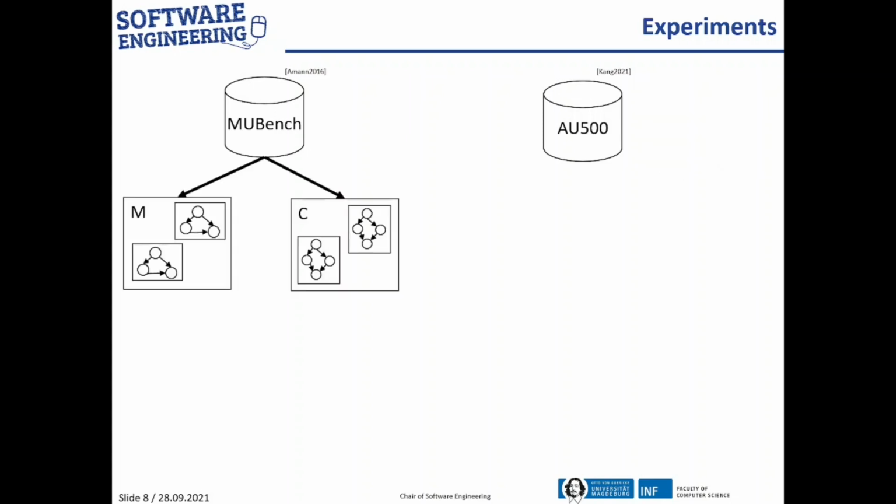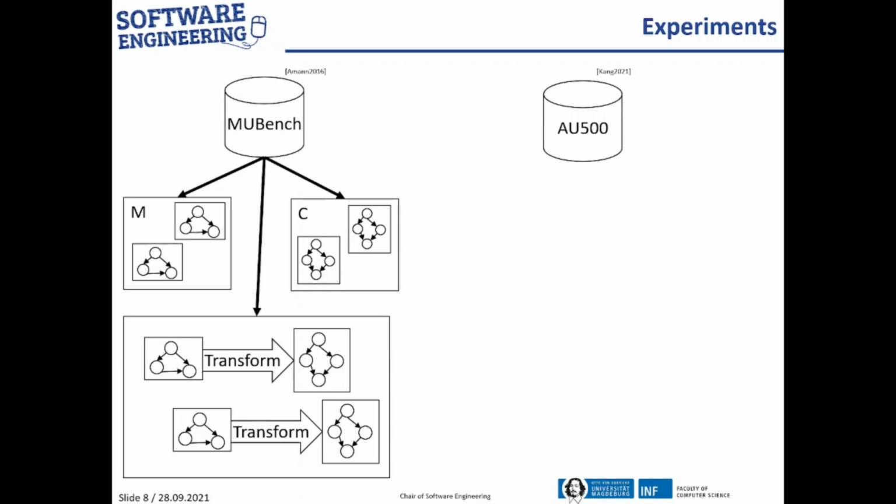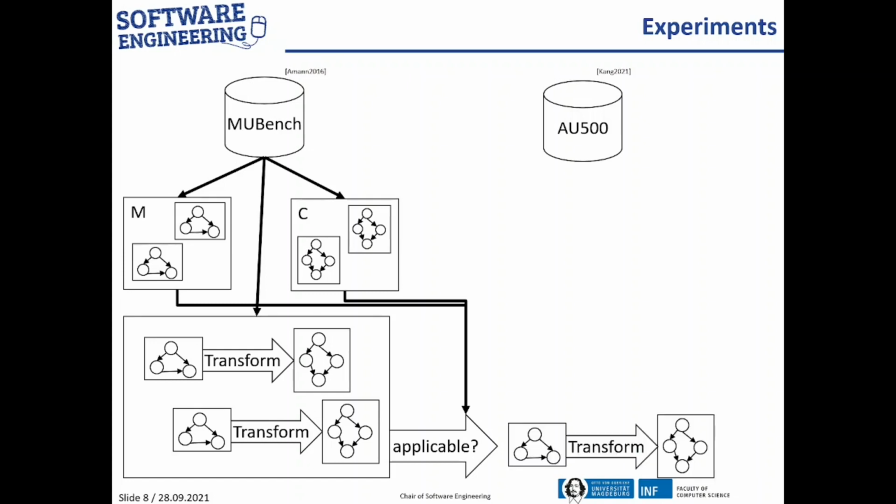For the MUBench dataset, we generated all misuse AOGs and all correct AOGs as the sets M and C we have seen before, as well as the correction rules. And then we used the M and C sets to decide whether the rules are actually applicable.